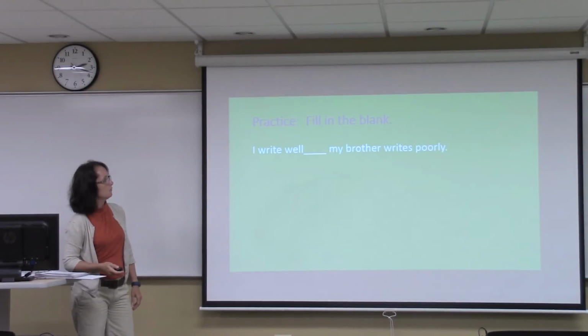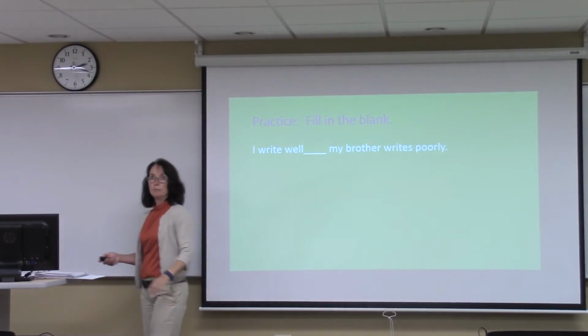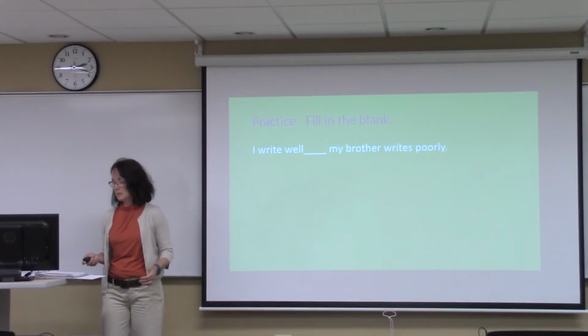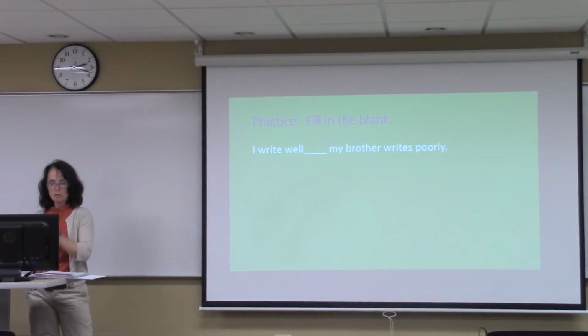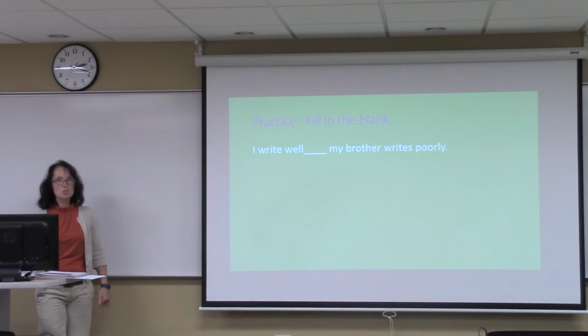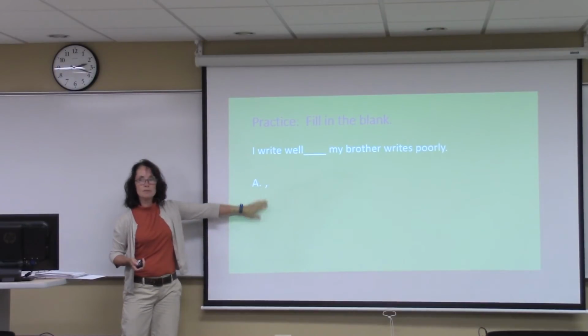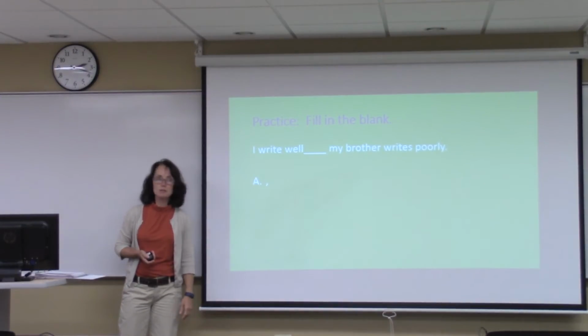Let's practice. I write well. My brother writes poorly. Those are definitely 2 complete sentences, yes? The question is, when we fill in the blank, which is the best way to punctuate it? Just a comma? That wasn't one of our 3 ways to connect 2 sentences, was it, guys?